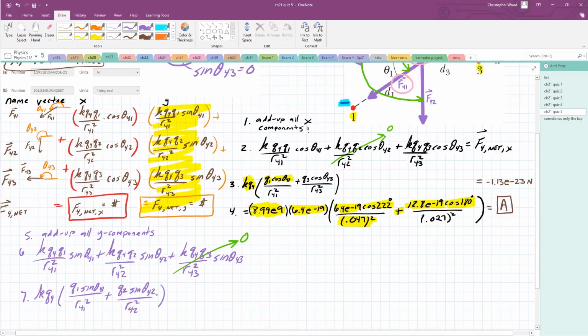That's the answer right now to the Y force. This is the net Y force acting on particle 4.